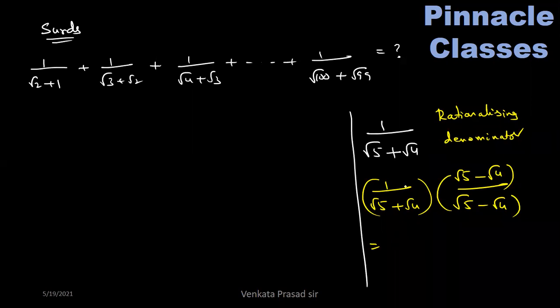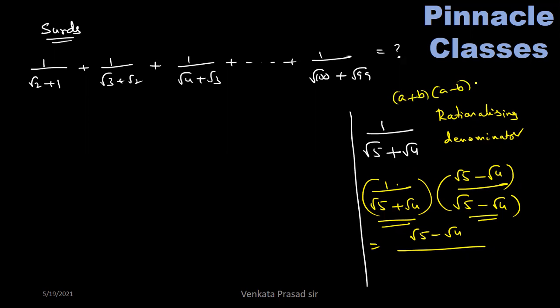Now the numerator is 1 into root 5 minus root 4. In the denominator, what are you observing? This is a plus b into a minus b. What is the formula? a square minus b square.